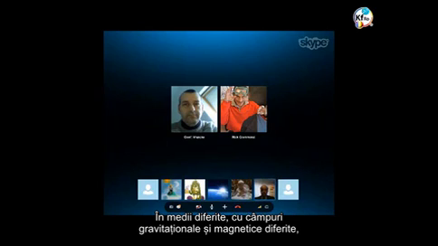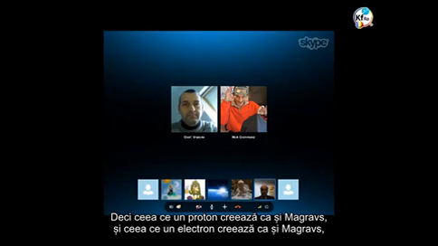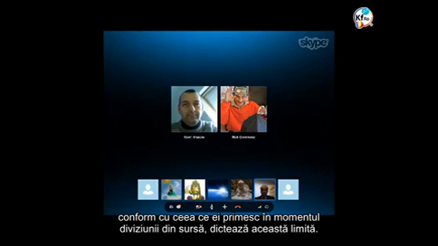In different environments of different gravitational magnetic field, this bandwidth could be totally different. So what the proton creates as maggrav and what the electron creates as maggrav, according to what they receive at the time of division as a source, dictates this bandwidth.